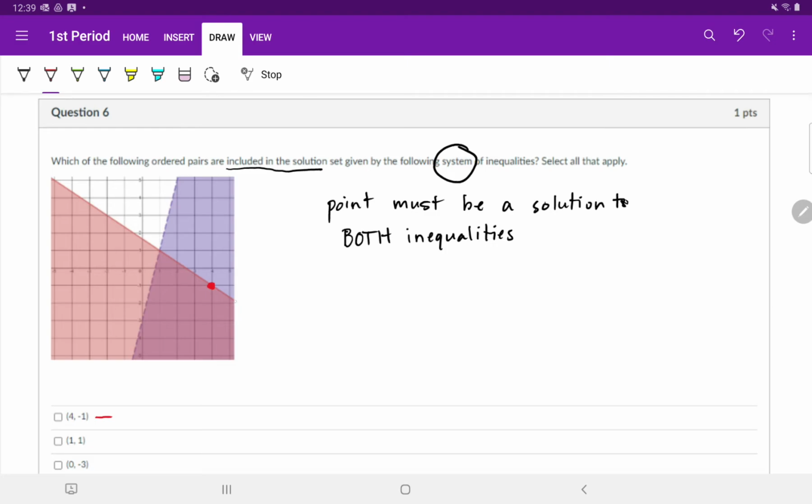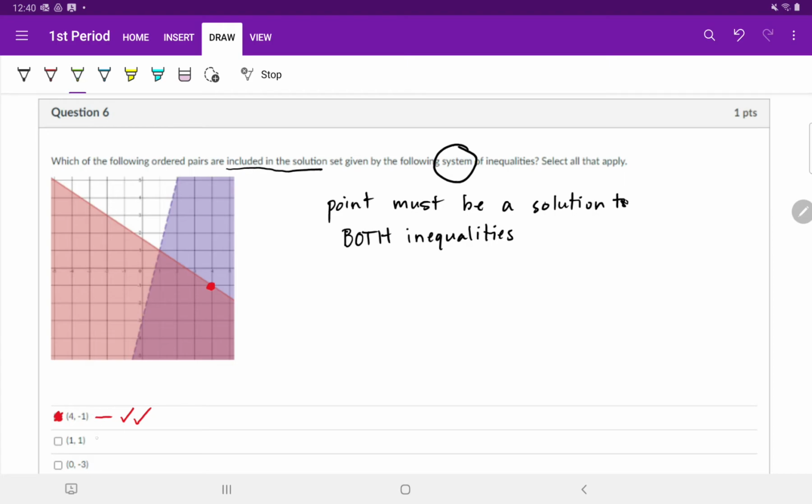So the red line is solid, so this dot is a solution to the red. It is also a solution to the purple because it's right smack dab in the middle of the purple shading. So this point is a solution to both inequalities. Yes and yes.